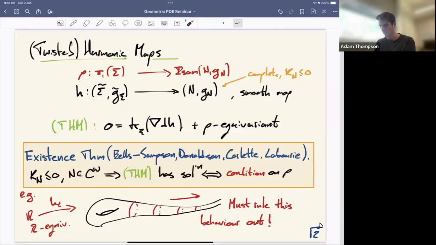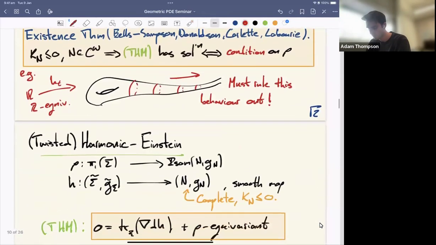So the condition on rho says essentially that the image of H of t remains within some compact set independent of t. With that we get this lovely existence theorem. So we have these twisted harmonic maps to play around with.